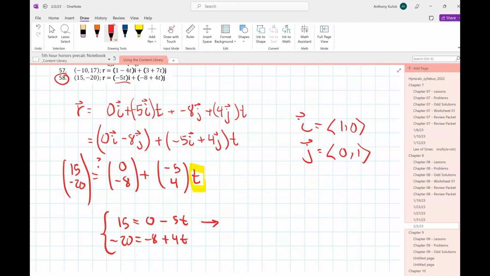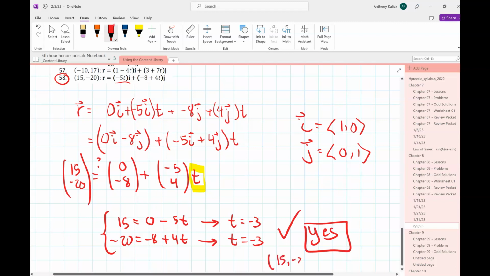If I solve that first equation for t, I get t has to be negative 3. And if I do the second one, I'm going to add the 8 over. That makes it negative 12, and divide by 4. So I get negative 3 for both. So the answer there is yes. The point 15, negative 20 lies on that line R1.